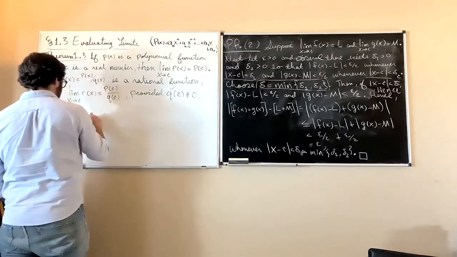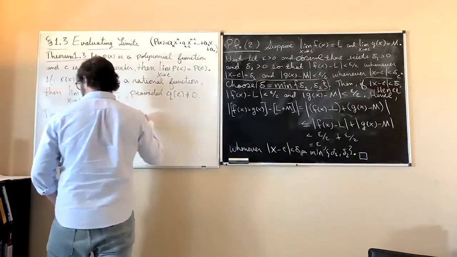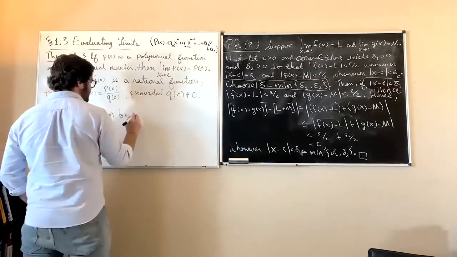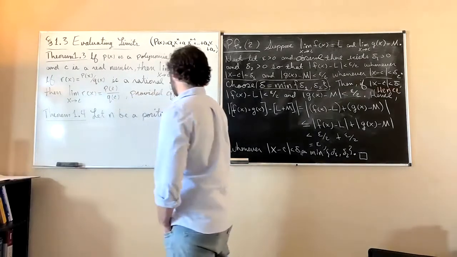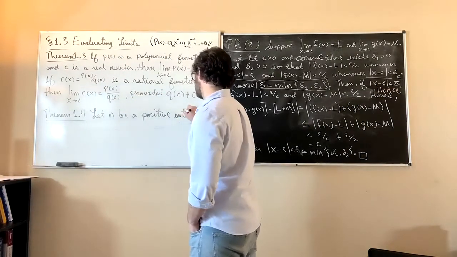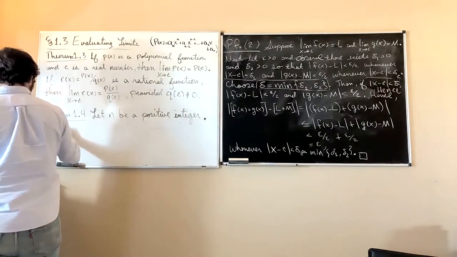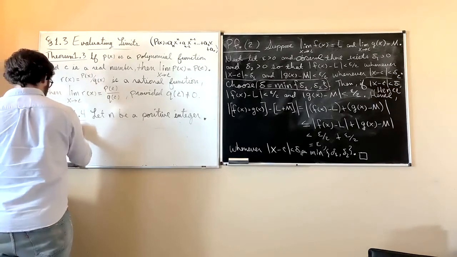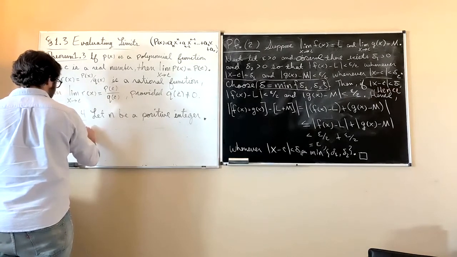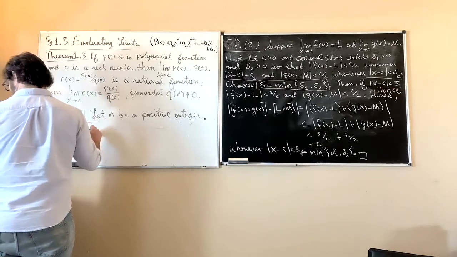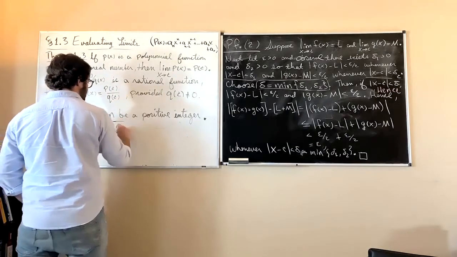Let n be a positive integer, then the limit as x approaches c of the nth root of x is equal to the nth root of c.